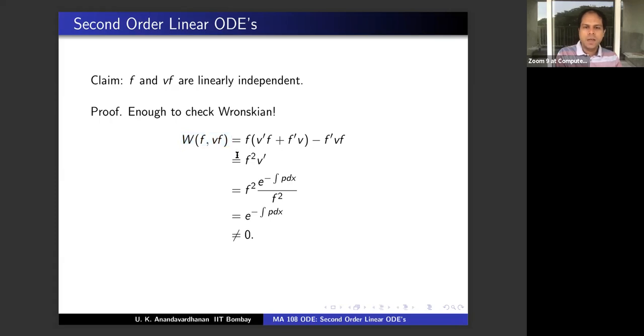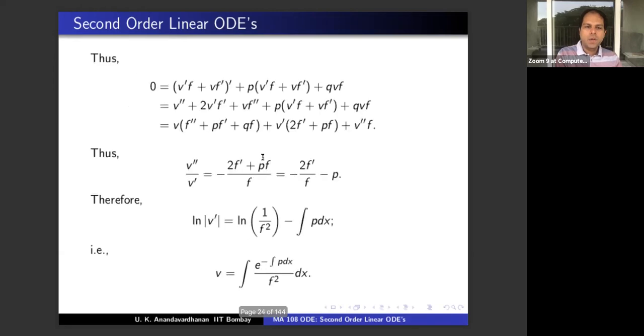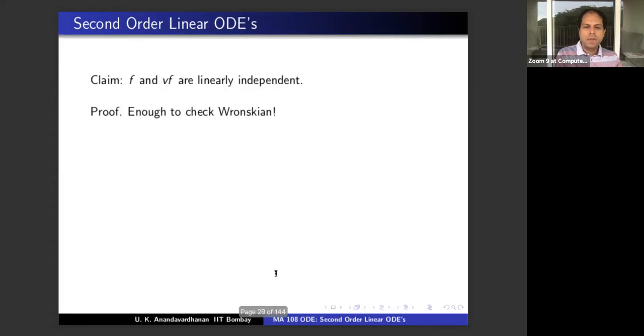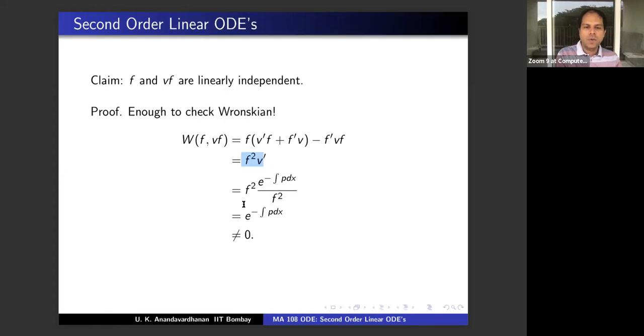What is v prime? V prime is e power minus integral p dx by f square, the integrand here. Substituting, f square cancels, so you get the exponential of something.